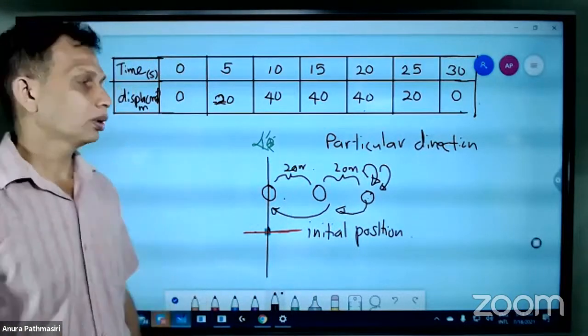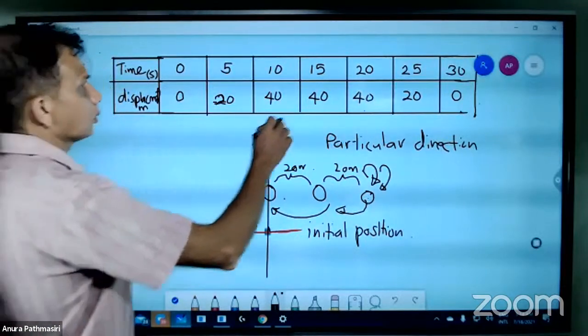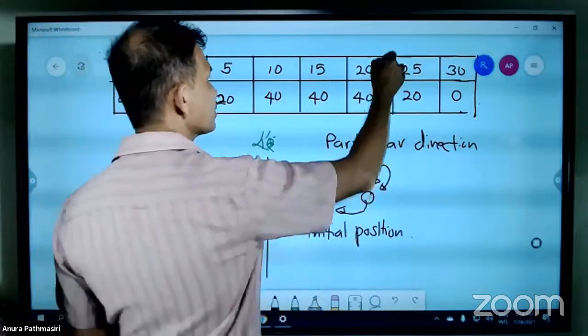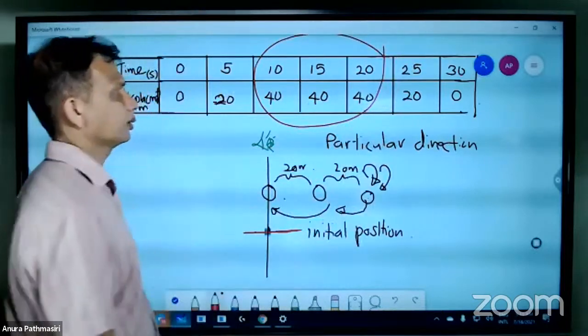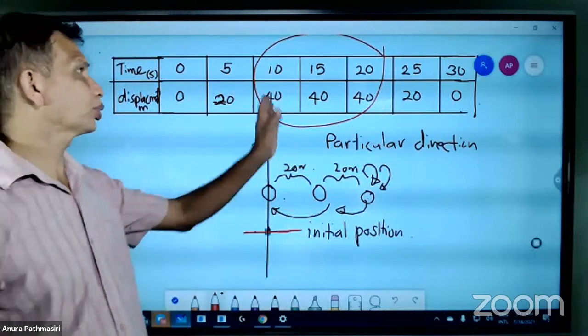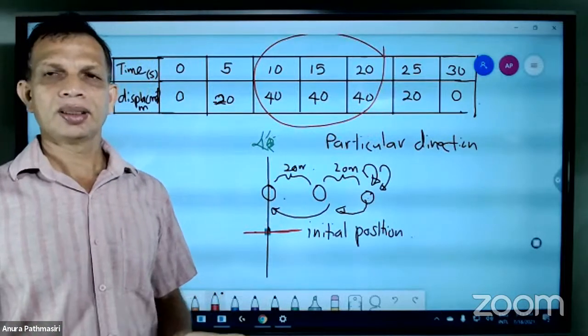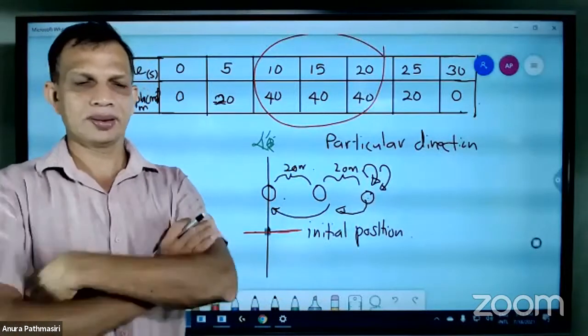So then the questions can be asked: what type of motion can be seen within the particular period over here? What is your answer?